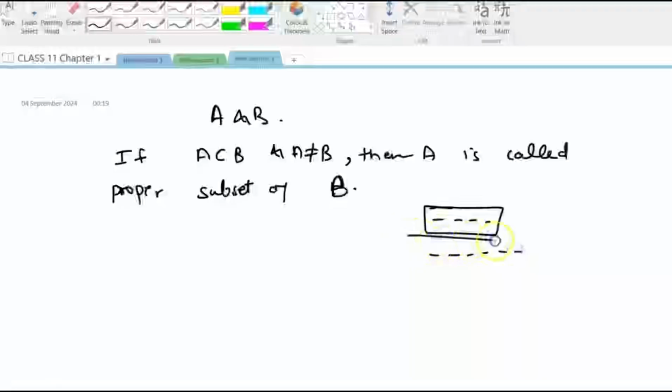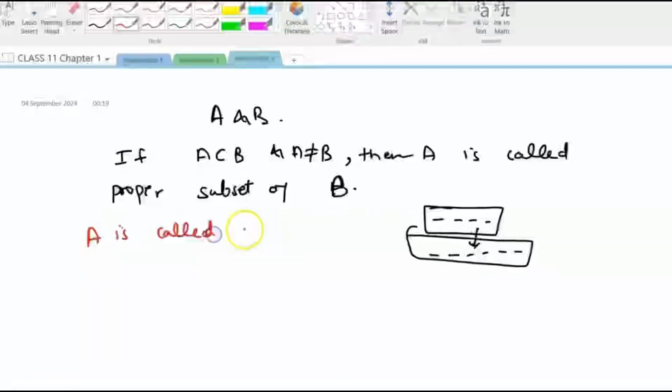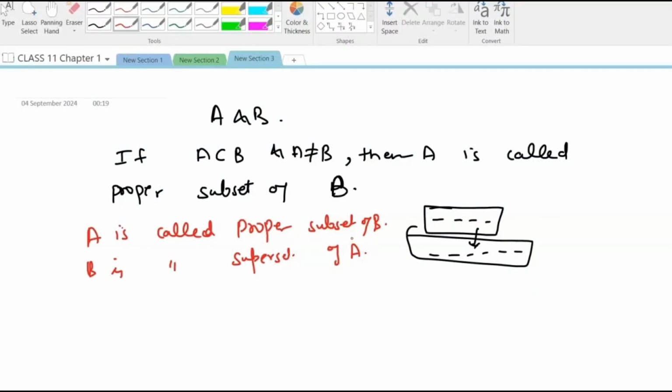If there is more elements in set B, then your A will be a proper subset of B. And A is called a proper subset of B, and B is called the superset of set A.